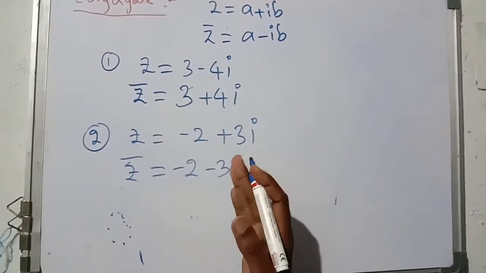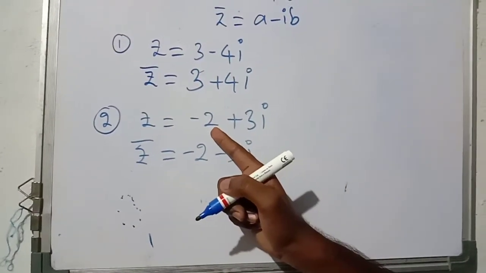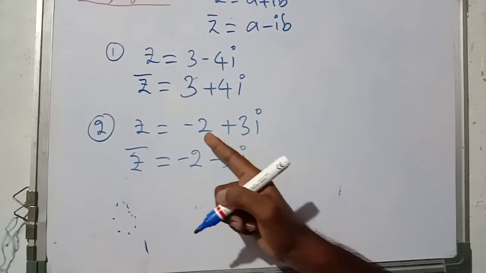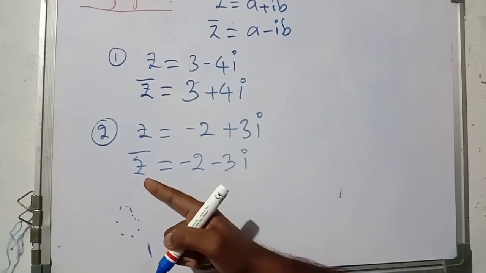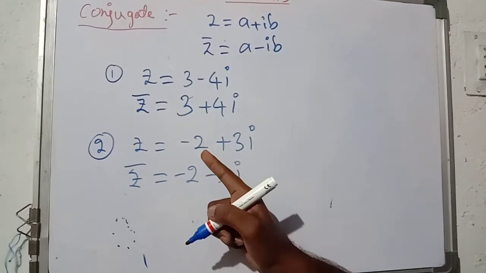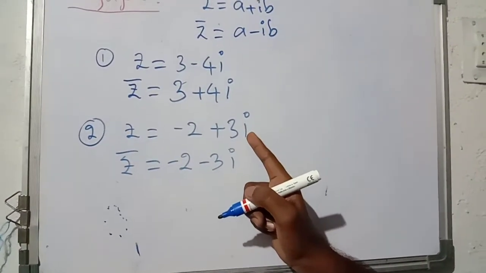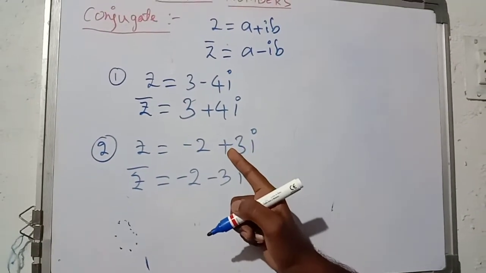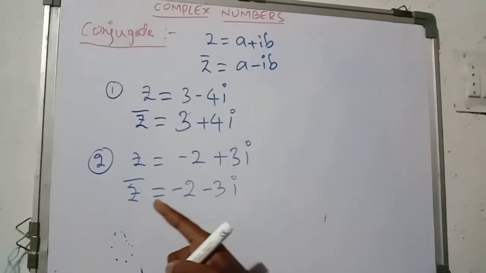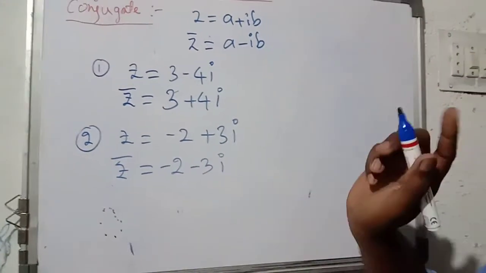The sign of the real part remains the same. So for the conjugate of minus 2 plus 3i, we keep minus 2 and change the imaginary part sign, plus into minus. So the answer is z bar equals minus 2 minus 3i.